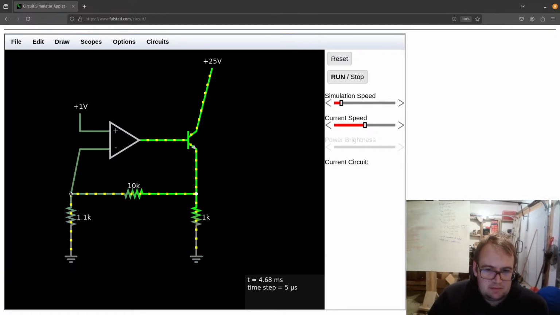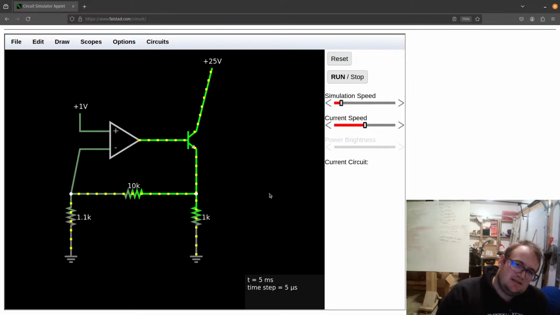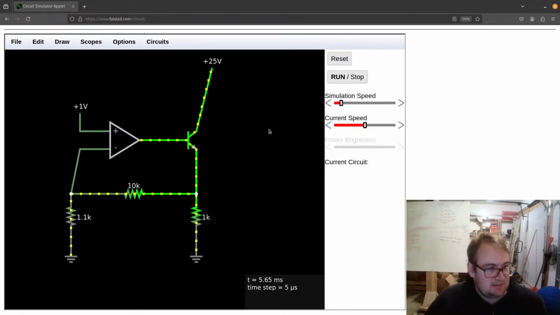Now, yes, 9 millivolts. So this is basically a 10 times amplifier. Yeah, that's actually what it is. I don't know why it took so long for me to get that one.